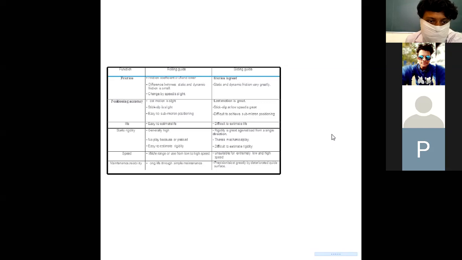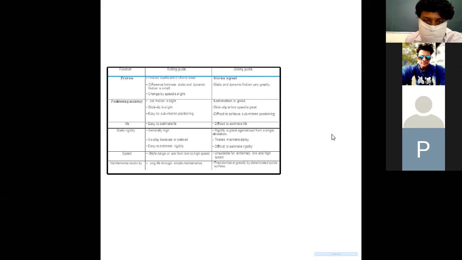These are the different functions or criteria according to which they are classified or compared. We can compare the sliding guideway and rolling guideway according to friction, positioning accuracy, life, static rigidity, speed, maintenance and reliability.